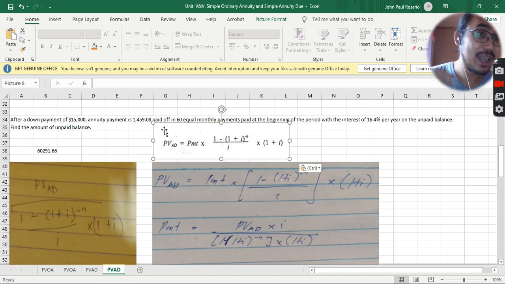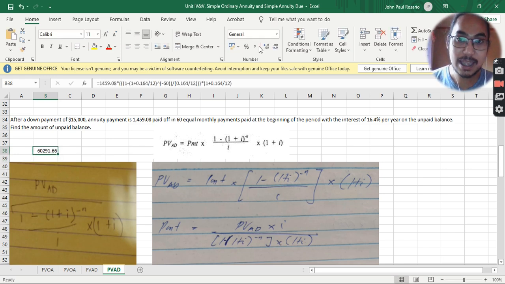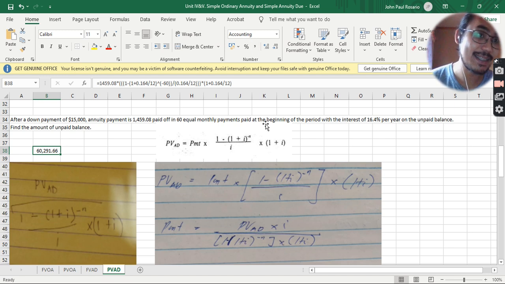So using this formula, no, we can now solve for the present value of our annuity due, which is 1459.08 times 1 less 1 plus I raised to the power of negative n over I plus 1 plus I. Okay? So that should give us a present value of 60,291.66.